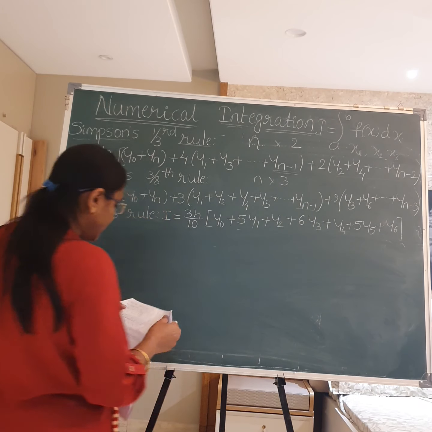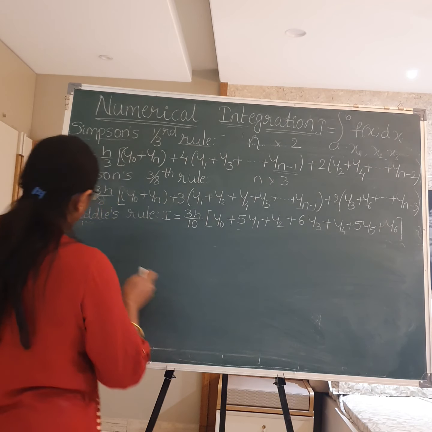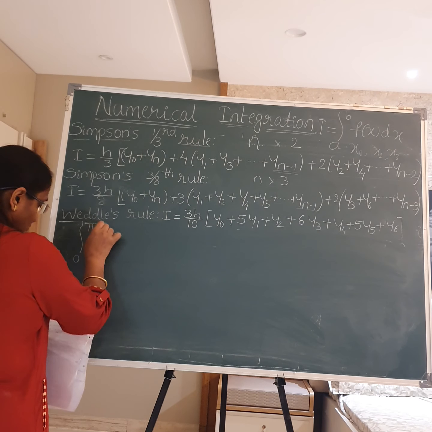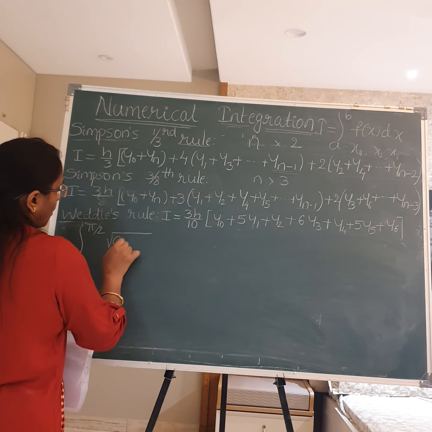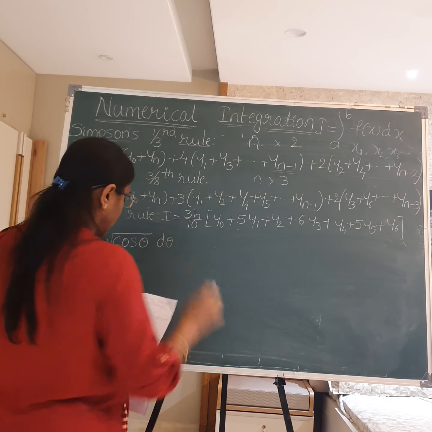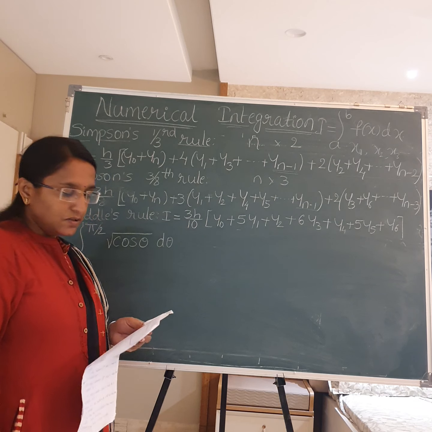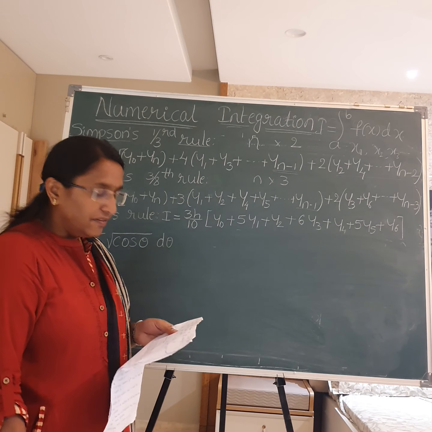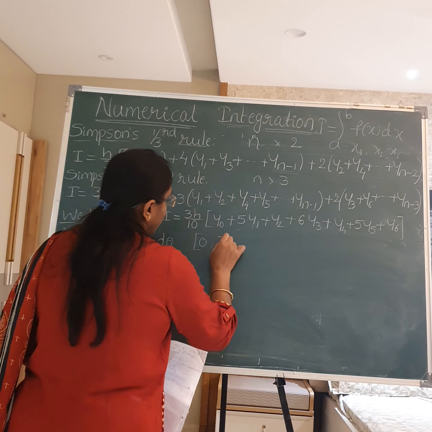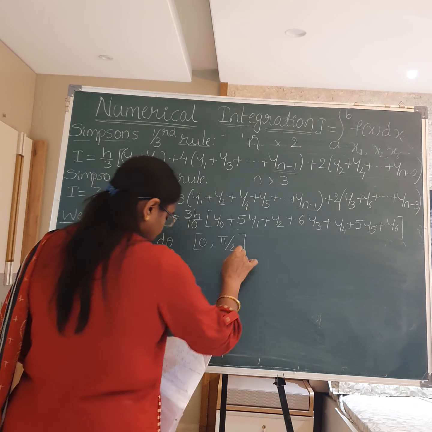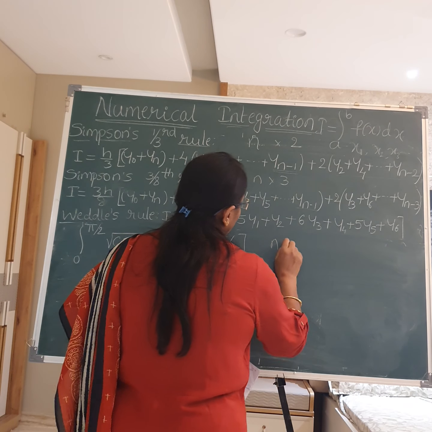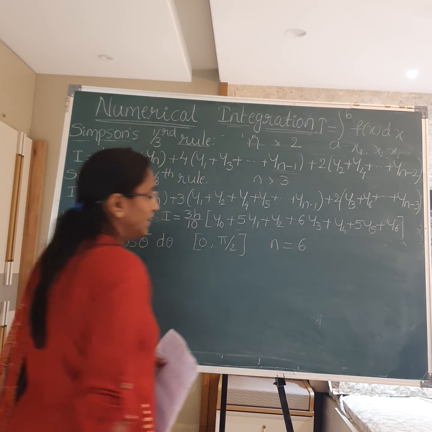It is: find the approximate value of the integration from 0 to pi by 2 of root cos theta d theta by Simpson's 1/3 rule by dividing the interval 0 to pi by 2 into 6 equal parts. That is n is equal to 6, also given here.